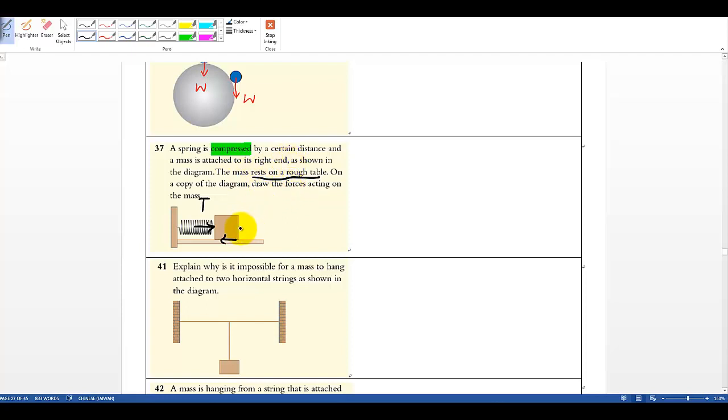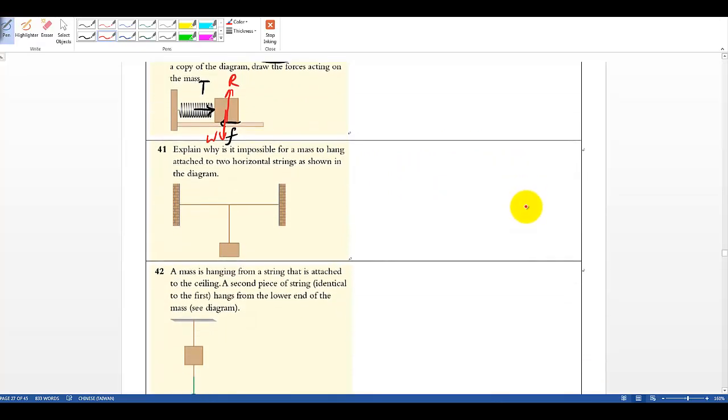If at the end the block is not moving, then the friction should be the same as the tension given by the spring, and the block would stay there. And let's not forget vertically we have weight and also reaction force. That's all for this question.